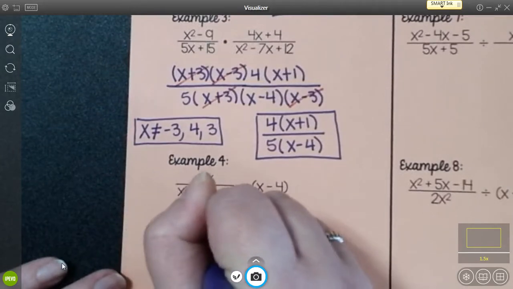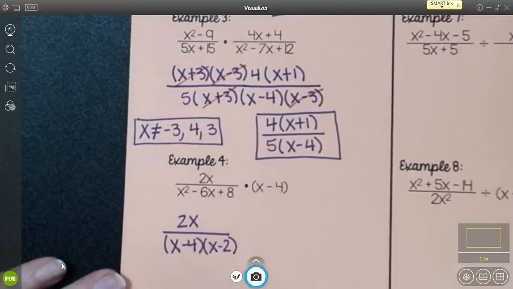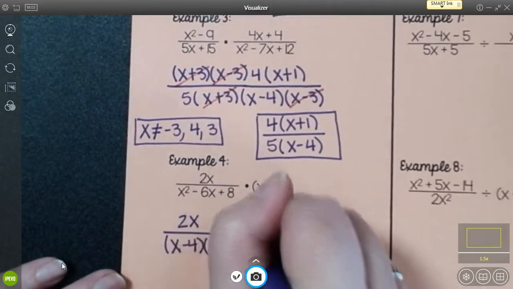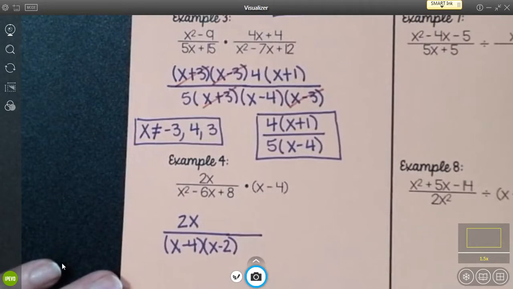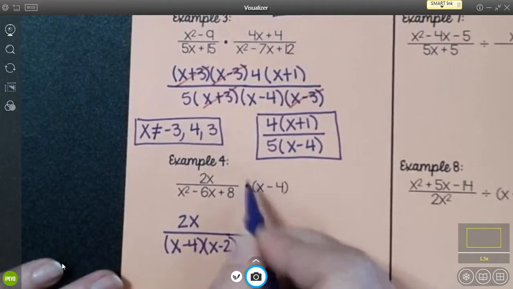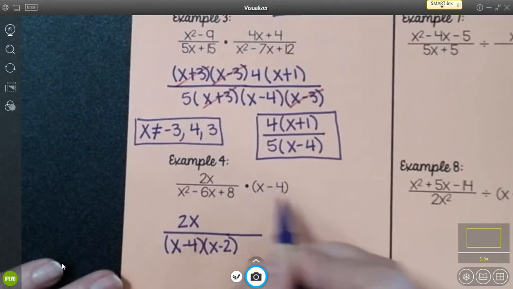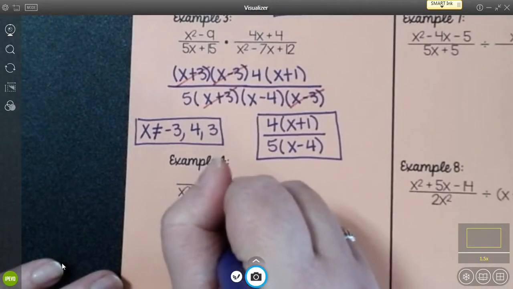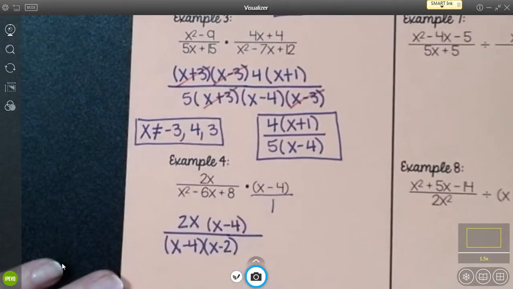So x minus 4, x minus 2. We're multiplying, so we can extend our fraction bar. Where is this x minus 4 going? Is that an upper right or a lower right? It's an upper right because what is it over? A 1. Good. So we have x minus 4 in the numerator. That 1 is just a placeholder. You don't have to rewrite that.